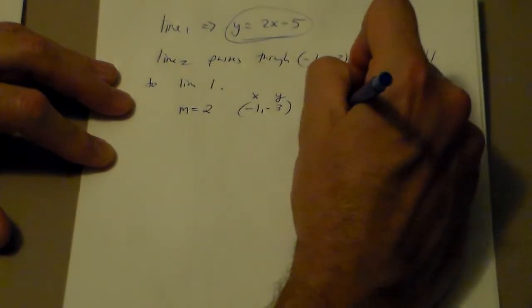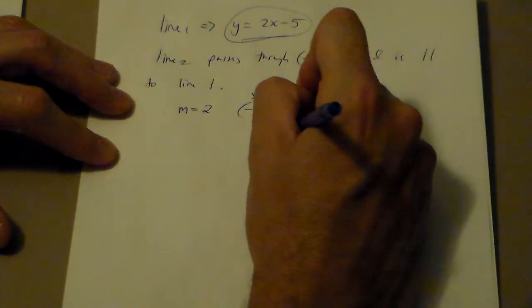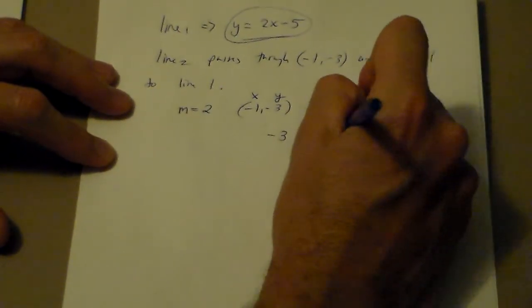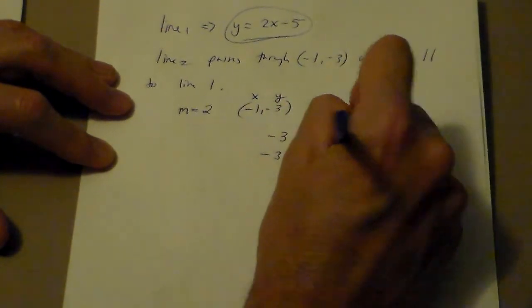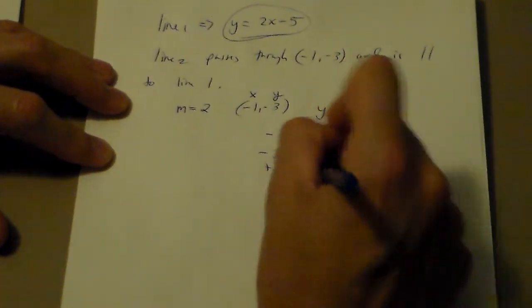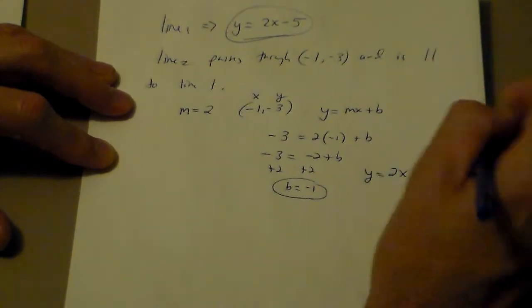So when I go to y equals mx plus b, my y is negative 3, my m is 2, my x is negative 1, plus b. Negative 3 equals negative 2 plus b, add 2, b is negative 1. My equation is y equals 2x minus 1.